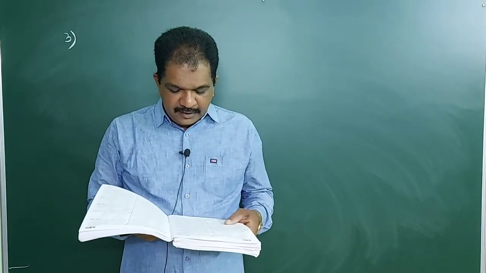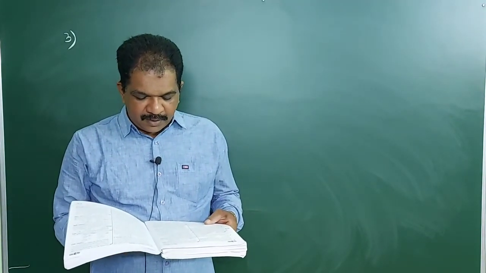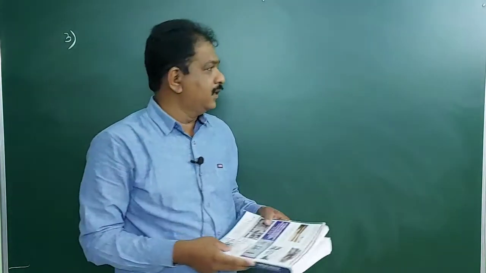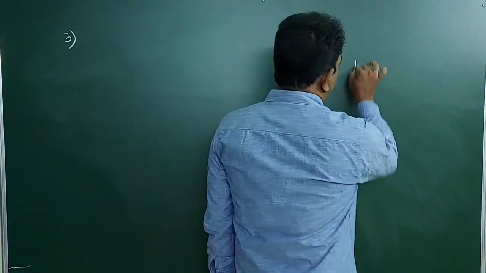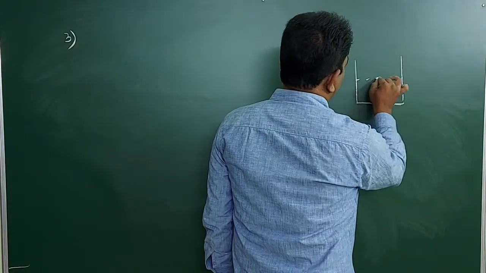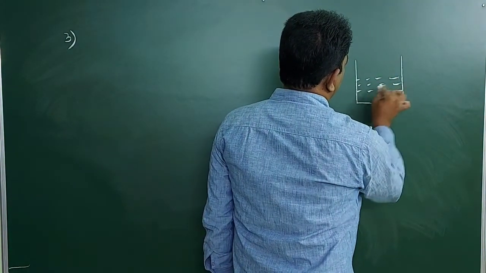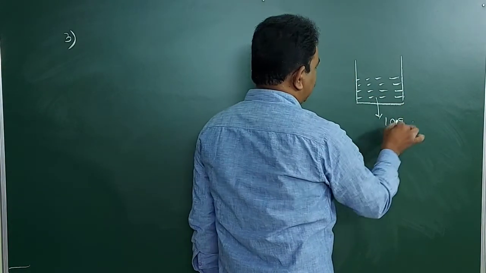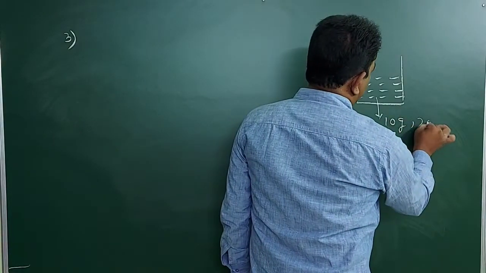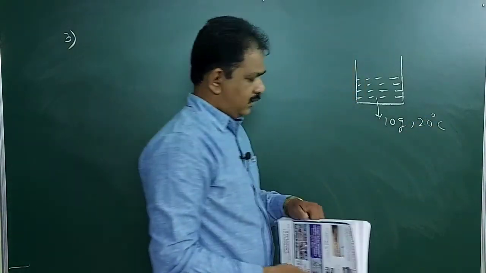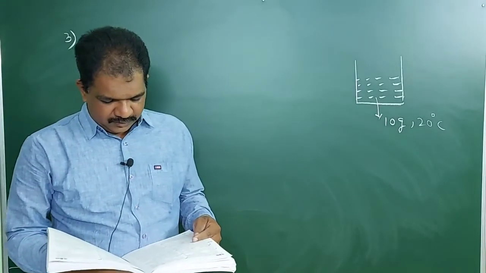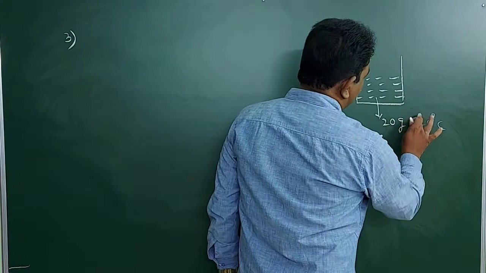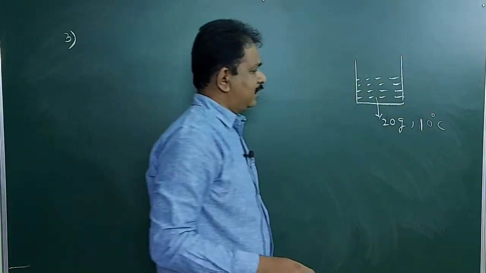Steam at 100 degrees centigrade is passed into 20 gram of water at 10 degrees centigrade. So here water is there. Mass of water is 20 gram, at 10 degrees centigrade.